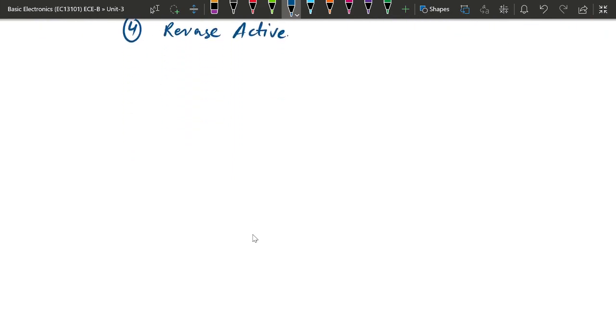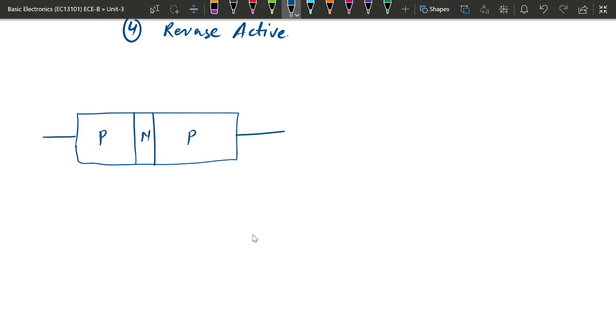We can just summarize the modes of operation. Suppose this is P N P. This is called emitter, this is base, and this is collector.